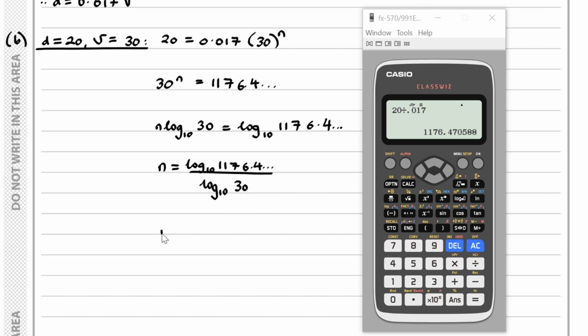And if we work this out, so we have log base 10 of this answer divided by log base 10 of 30, turns out we get 2.07, etc. So therefore, to 3 significant figures, d, that's equal to 0.017 times v to the power of 2.08. Okay?